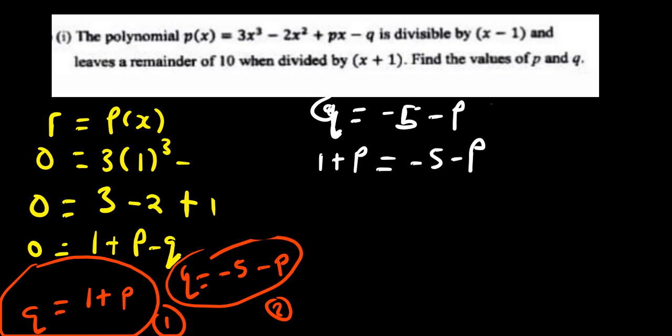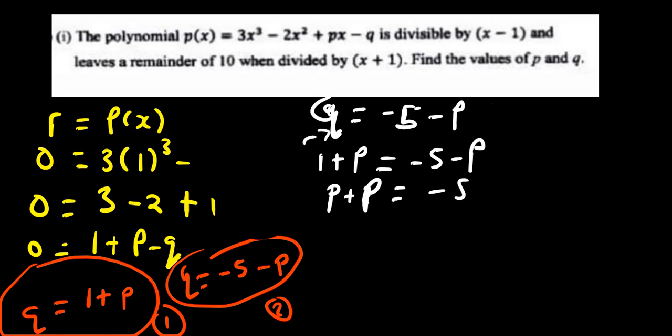So what do we do? We put the like terms together. When we take the other p to the other side it becomes positive, so we have 2p.